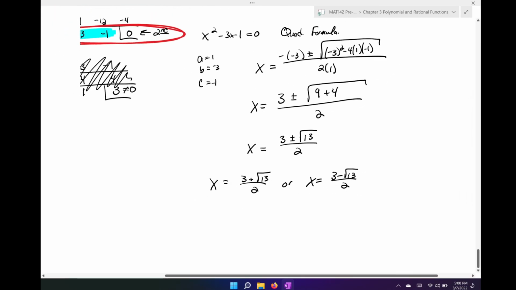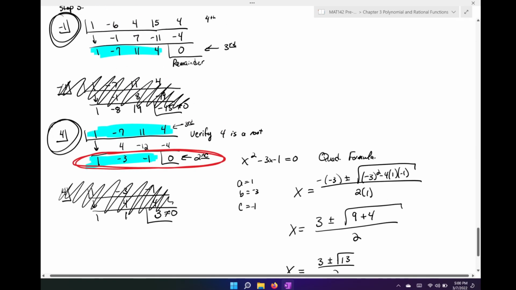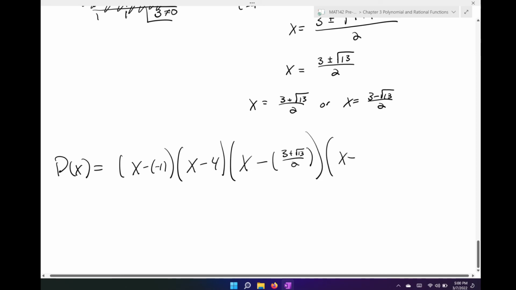So just zooming out here, if I wanted to completely factor this polynomial, I need to remember the other roots: x minus -1 times x minus 4 times, and here comes the ugly one, x minus the quantity 3 plus the square root of 13 over 2, and then x minus the quantity 3 minus the square root of 13 over 2.